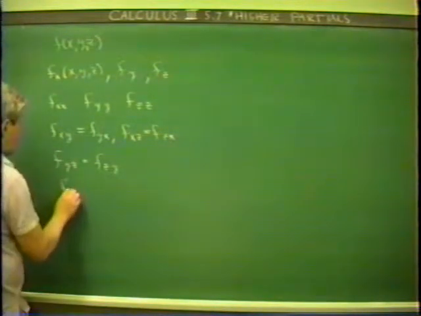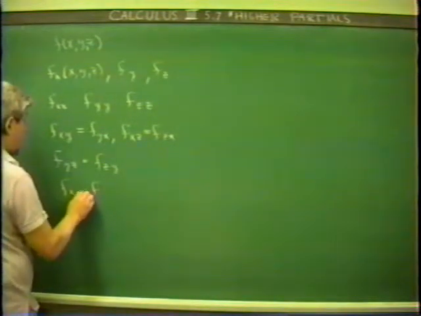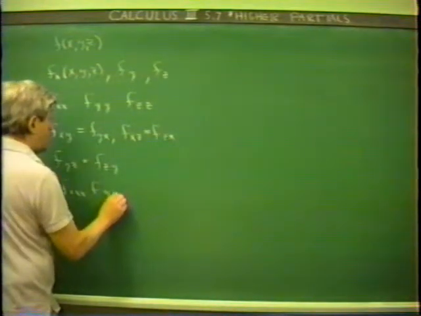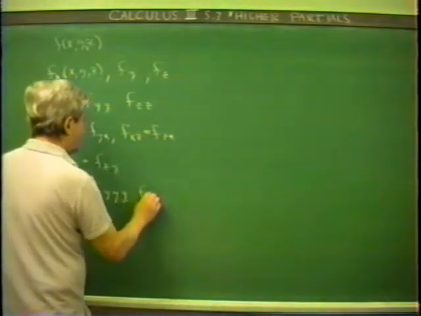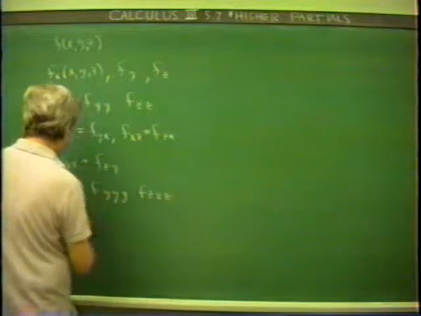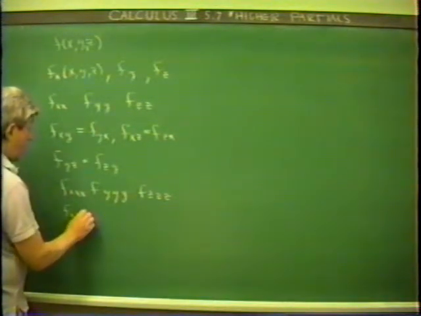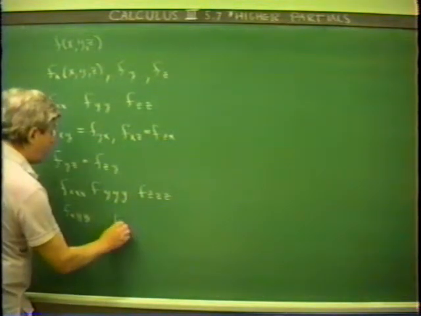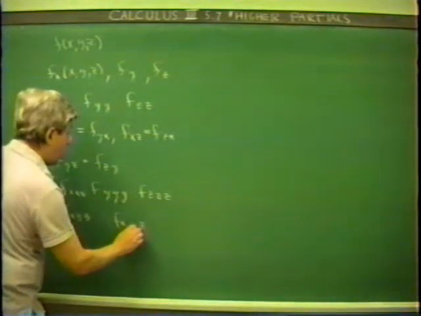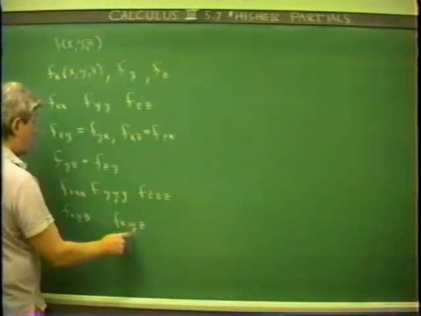Right? And then you can compute also the third partials, fxxx, for example, fyyy, fzzz, fxxy, for example, and you've also got such things as fxyz.